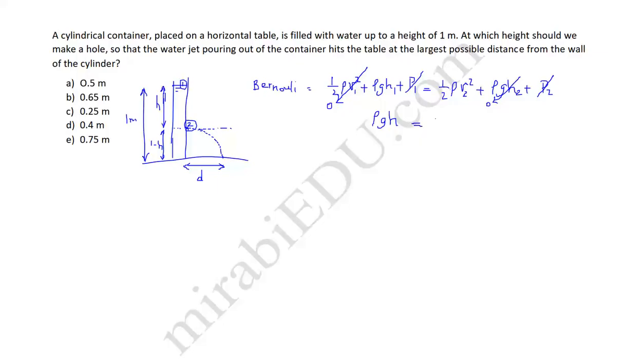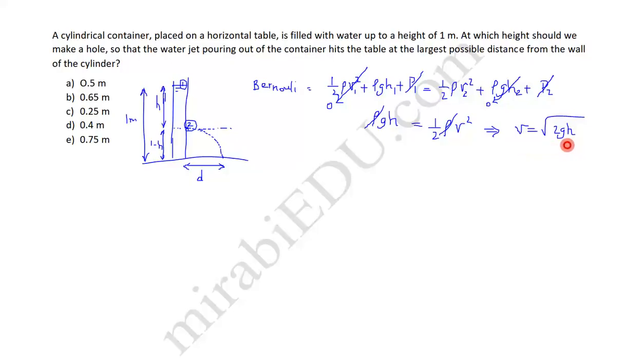On the right hand side we have half of rho v squared, and if we cancel the rho from both sides, we get v equals radical 2gh. This is the same formula as if we drop something at rest here and it goes in free fall, and we take it at point 2. So kinematics says v is equal to radical 2gh in free fall.